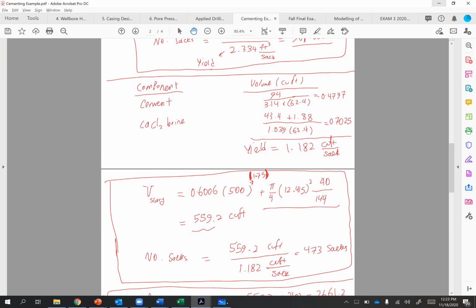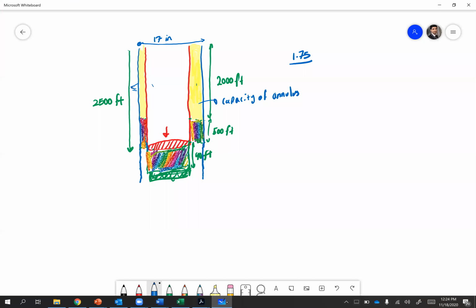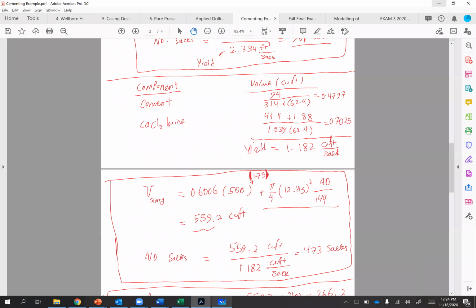You just multiply to that 500 feet annulus part. Okay, so this is not in contact with the formation. No excess factor for here, but excess factor for here and here. Okay. All right. Any questions?